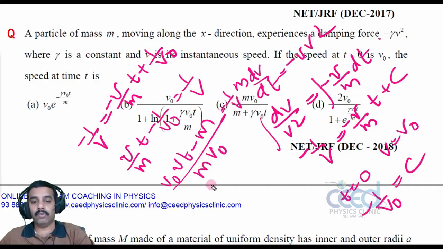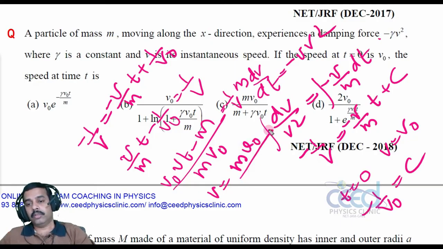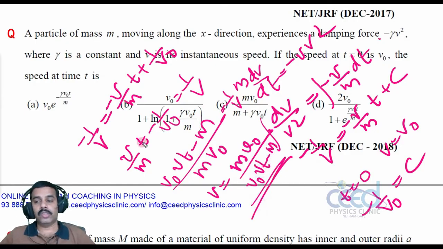So we can write v is equal to m v0 divided by v0 gamma t minus m, right?